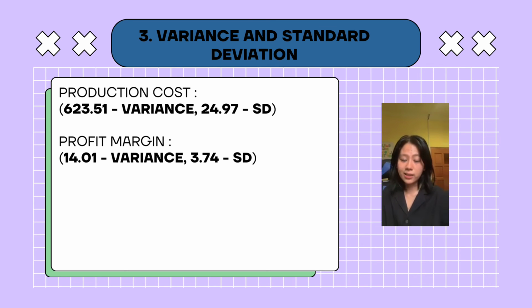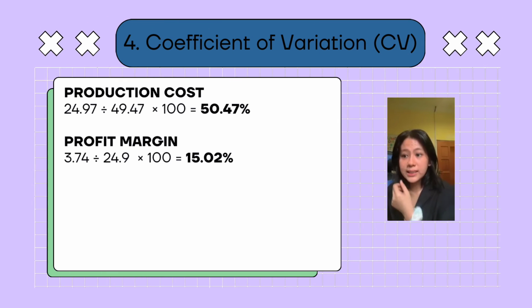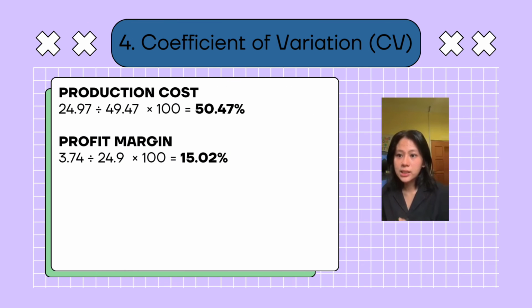For the standard deviation, we need to use the square root. For this slide, we can see here the production cost is 50.47%, and for the profit margin we get 15.02%.